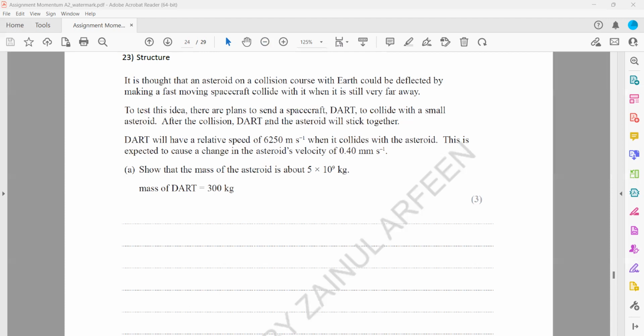After the collision, the dart and the asteroid stick together, so it means they will have the same speed. The dart has a relative speed of 6,250 and it collides with an asteroid, which is expected to cause a change in the asteroid velocity of 0.4 millimeter per second. So the change in velocity is given, and show that the mass of the asteroid is about 5 exponent 9.